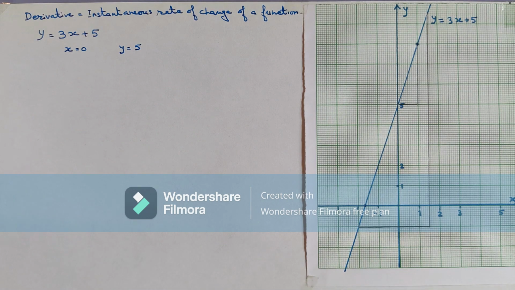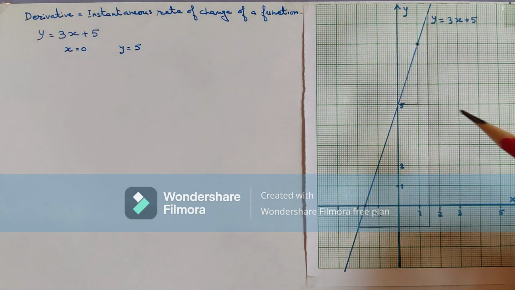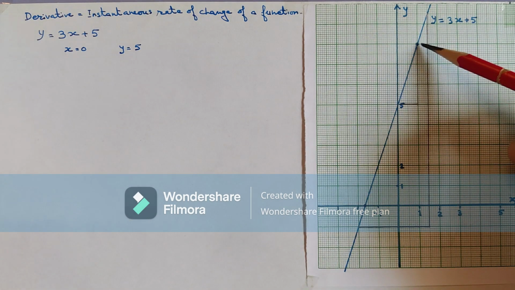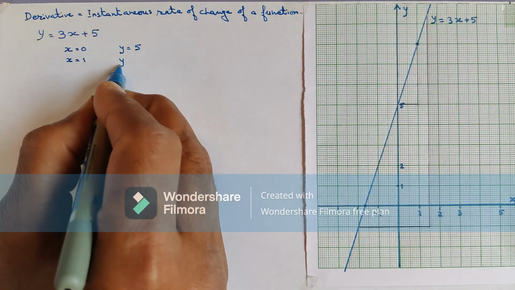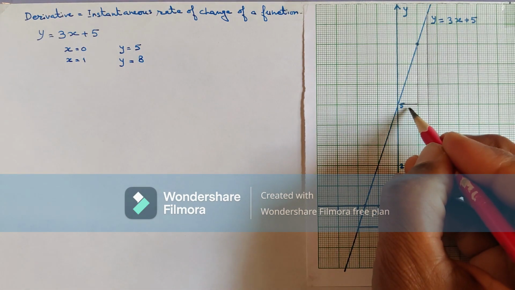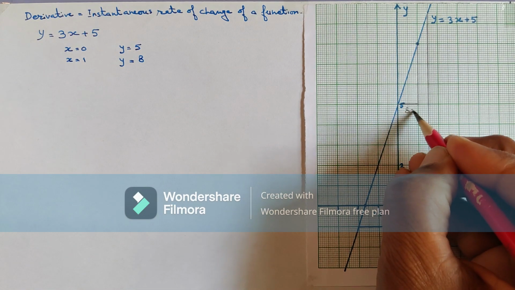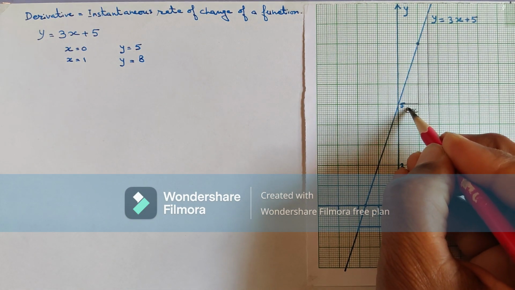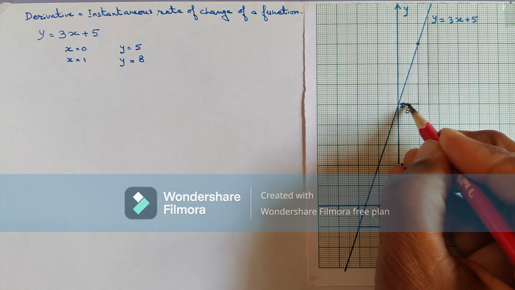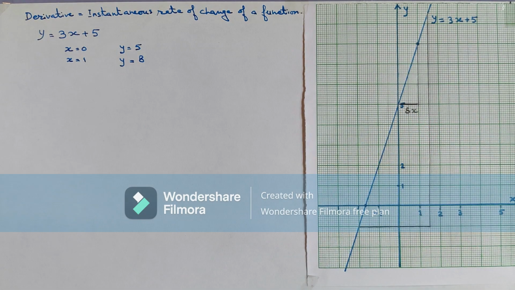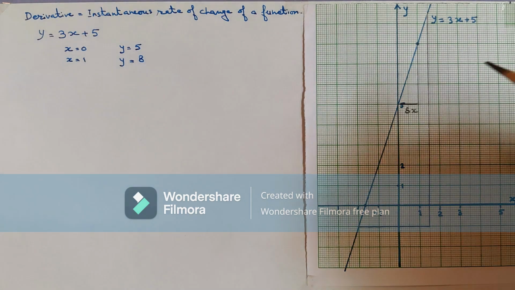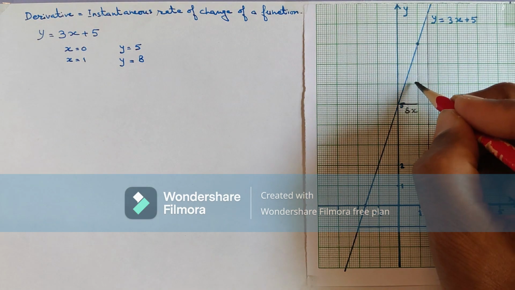The other point I will take is x is equal to 1. For x is equal to 1, y works out to 8. This here is delta x and this here is delta y.